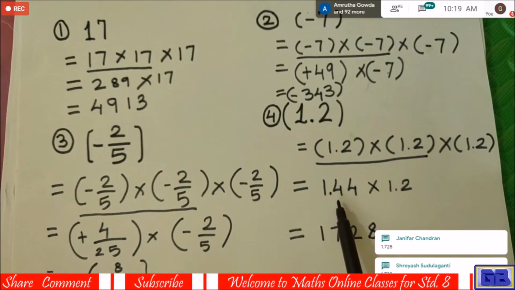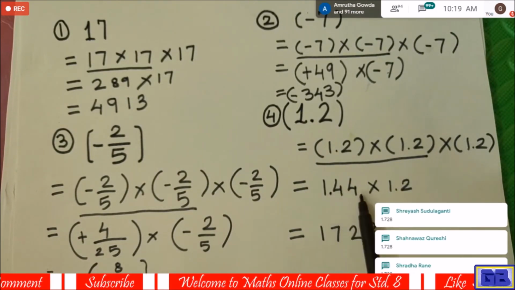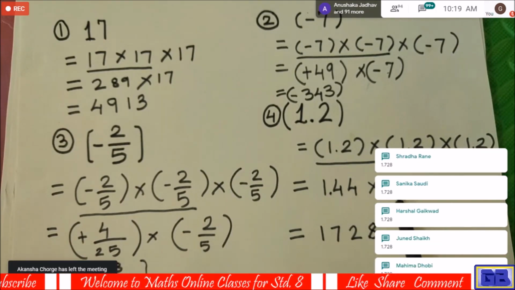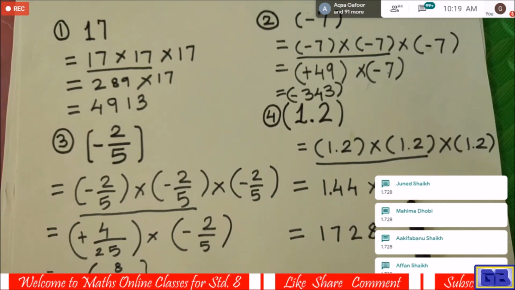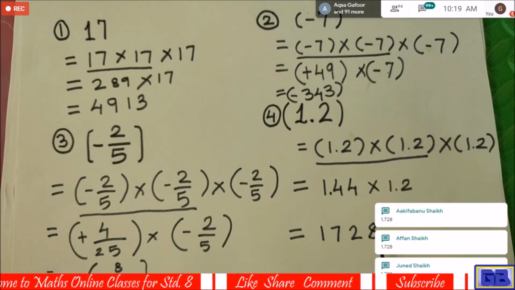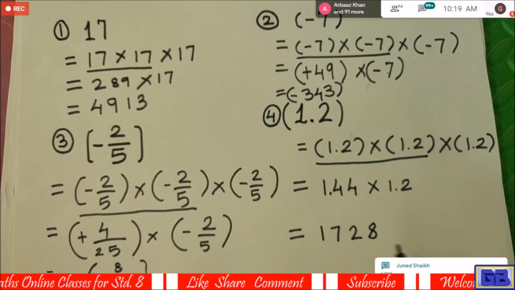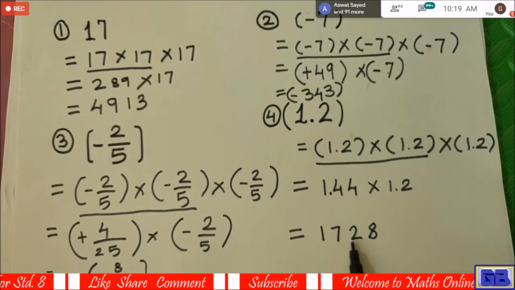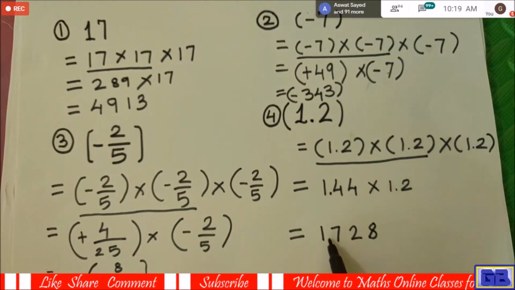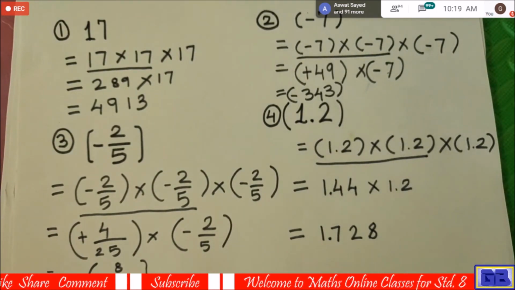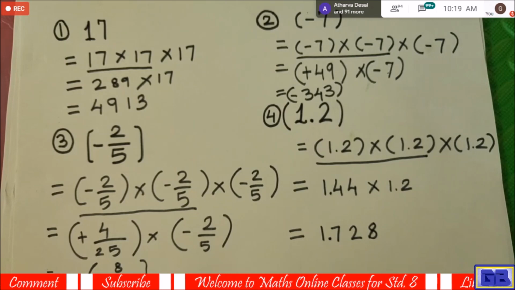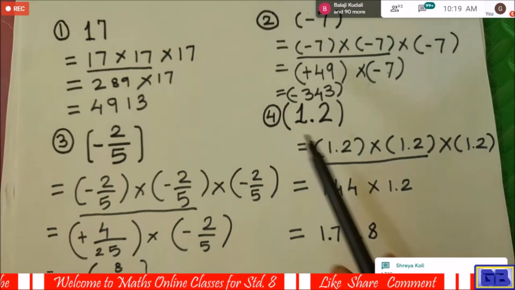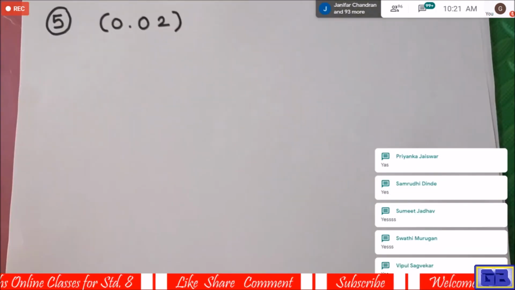In this number, after the decimal point there are two digits, but here there is only one digit after the decimal point. So two digits plus one digit, total 3 digits, we have to count from right to left, 1, 2, 3, and then give the decimal point. Our product will be 1.728. That is the cube of 1.2.